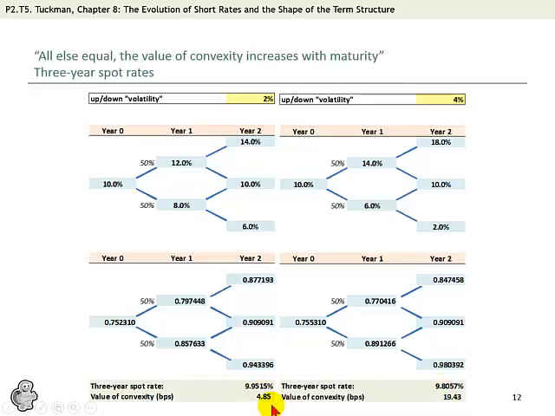And then the value of convexity is 4.85 basis points under a 2% volatility, all the way up to 19.43 basis points under a 4% or 400 basis point volatility. And so now we can say that the value of convexity increases with volatility. And also, as we've seen here, in going from 2-year to 3-year spot rate, the value of convexity also increases with maturity.